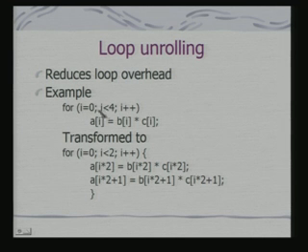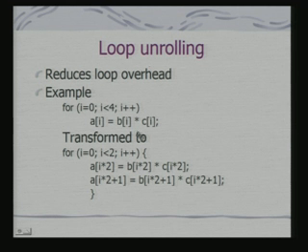Loop overhead comes in corresponding to this statement, because this statement will be translated to a set of machine level instructions. Those instructions have to be executed each time the loop is executed. If I can reduce the number of those instructions, or the number of times they are executed, then I can reduce the loop overhead.